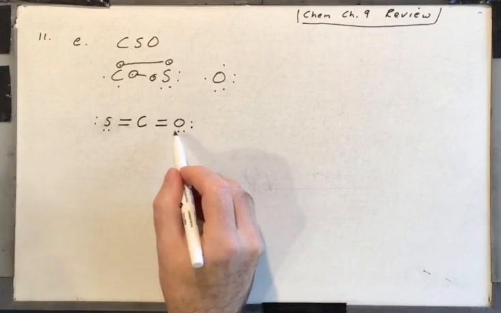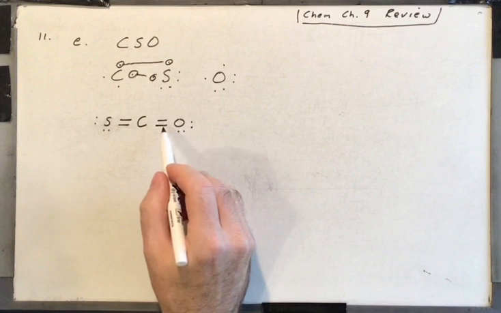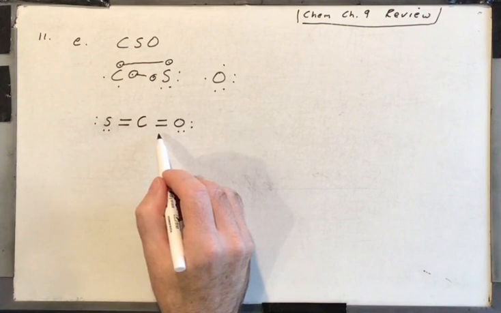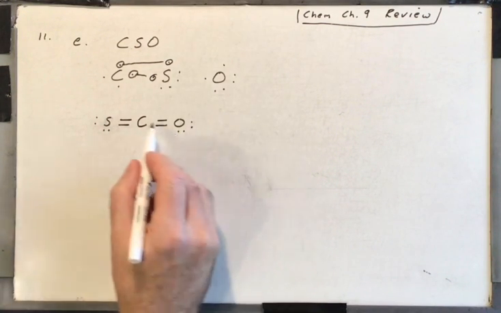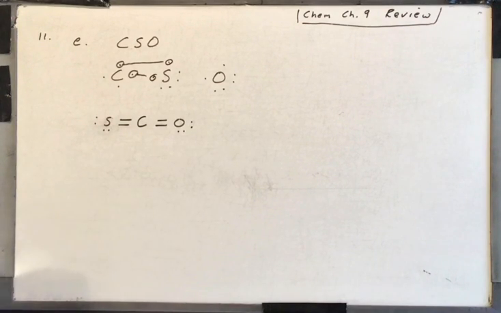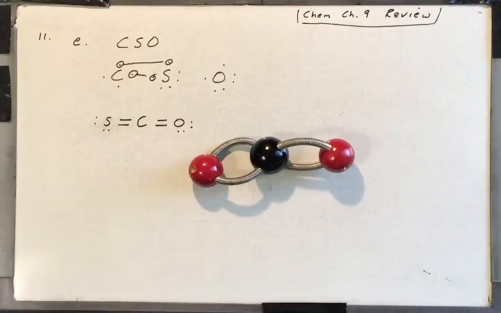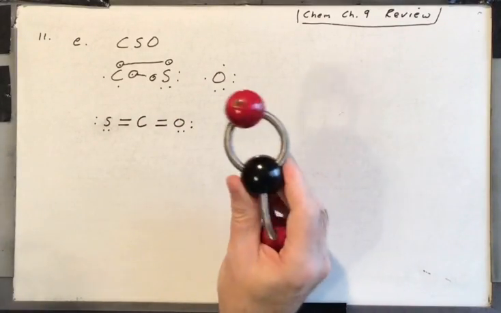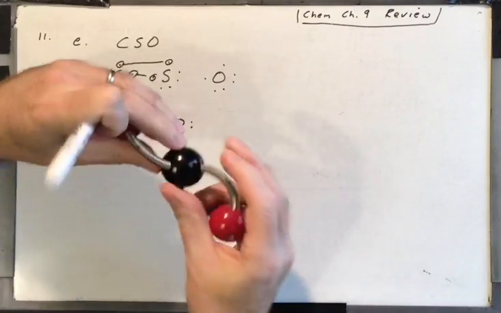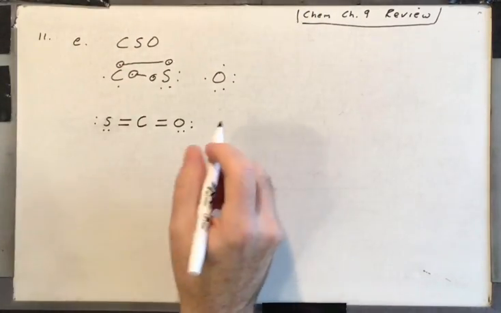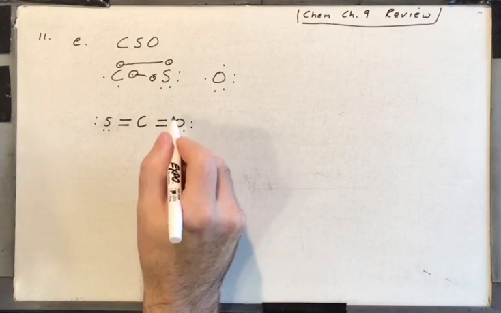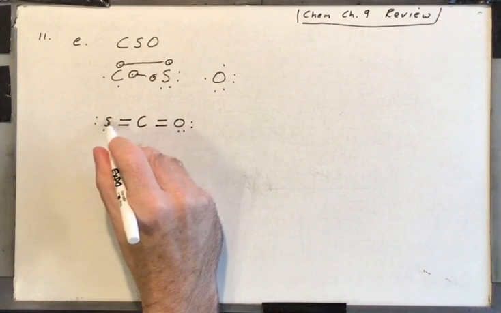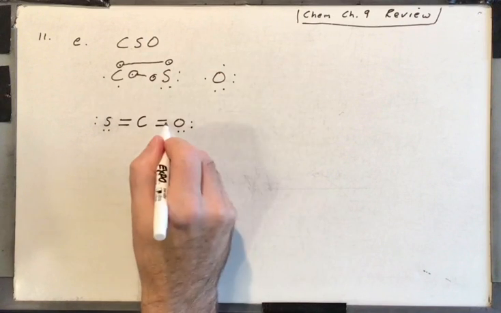So VSEPR theory says these outer shell electrons are trying to get as far away from each other as possible. So in this particular case, we want the shape that would get them farthest away. It's linear. So we have a central atom, carbon, surrounded by 2 double bonds. All right, so oxygen and sulfur have different electronegativities, so they are not going to cancel out.